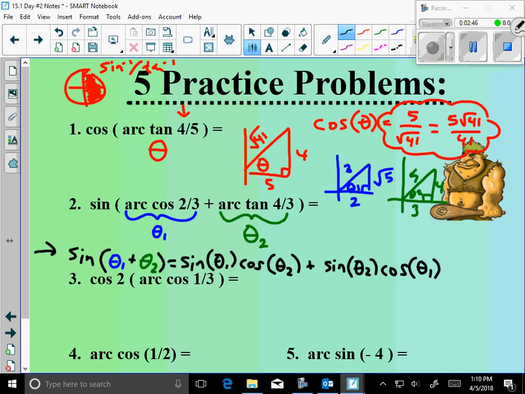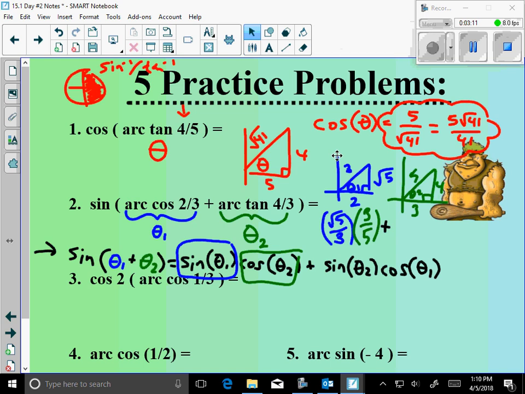So sine of the first will be root 5 over 3. Cosine of the second will be 3/5, plus sine of the second, which is 4/5.